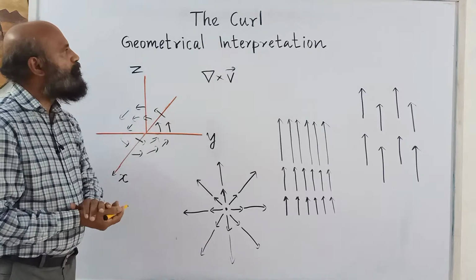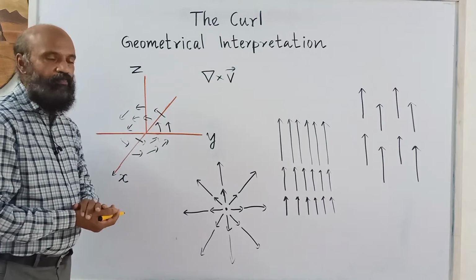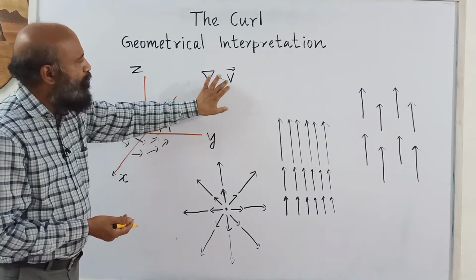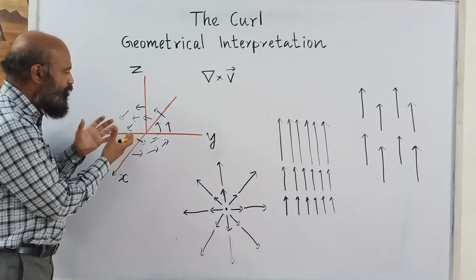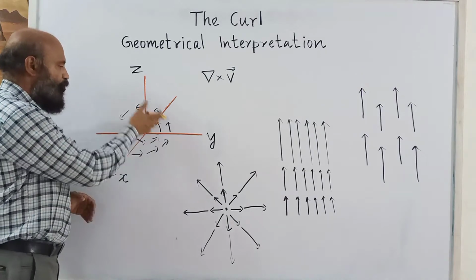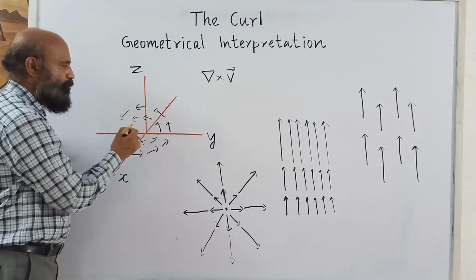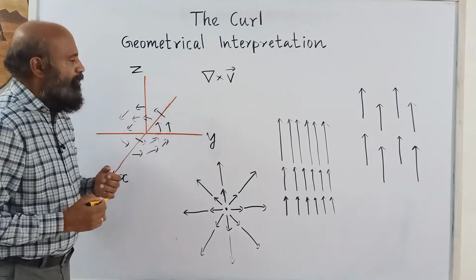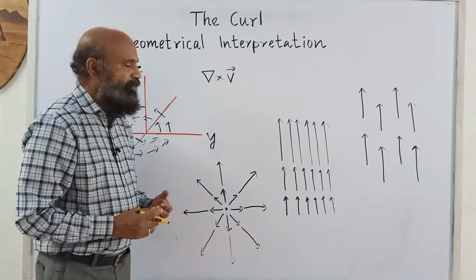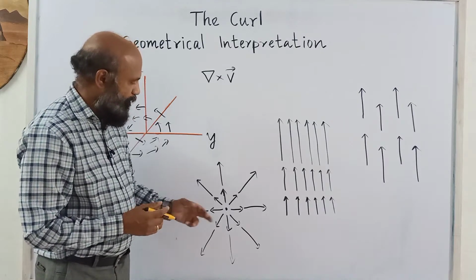The name curl is also well chosen. This del cross v vector is a measure of how a function or a quantity is rotating about a point in question. In my last video I discussed divergence of a vector point function.